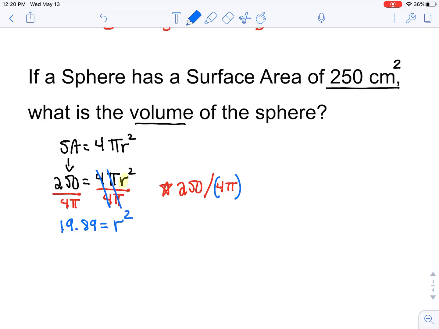The 4 pi will divide to become 1, leaving us with r squared. Then we'll have to take the square root of both sides. Now, without rounding it, so leaving the answer in your calculator, I'm now going to take the square root of that answer, and I'm going to get a radius of about 4.46.